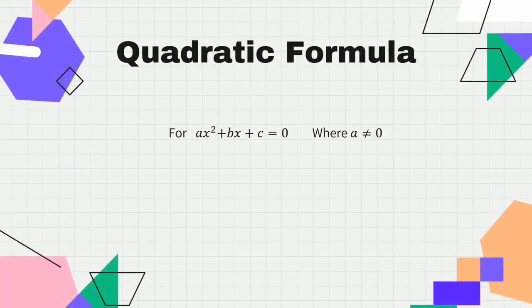The quadratic formula for ax squared plus bx plus c is equal to 0, where a is not equal to 0: x is equal to minus b plus or minus the square root of b squared minus 4ac, all over 2a.